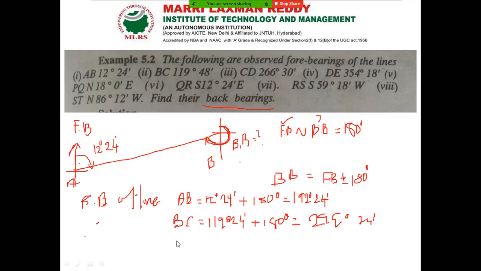So next, for the line CD, this is 266 degree 30 minutes. Now this value is more than 180 degrees, that's why we have to use the minus symbol. So minus 180 degrees for getting the back bearing. So 266 degree 30 minutes minus 180 degrees gives the answer of 86 degree 30 minutes.